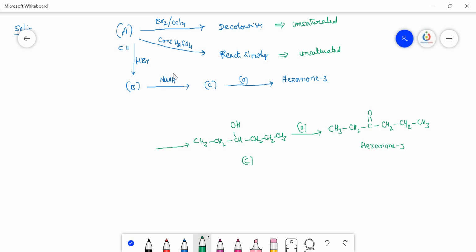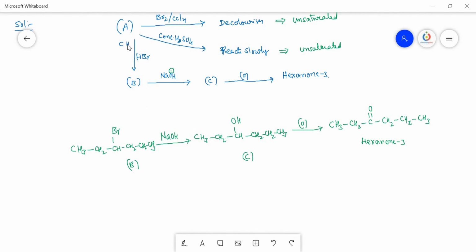That bromide ion was replaced by OH minus and so we got compound C. So compound B will have the same atomic arrangement except for this OH: CH3, CH2, CHBr, CH2, CH2 and CH3. This one on reaction with NaOH gives compound C. So this is compound B.